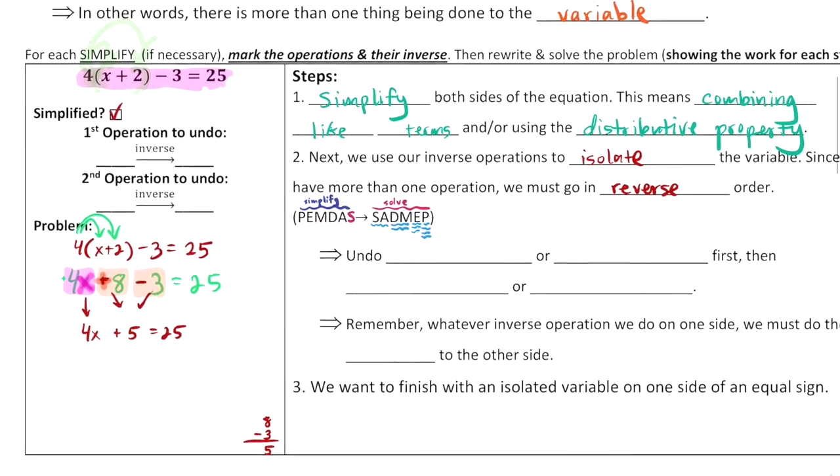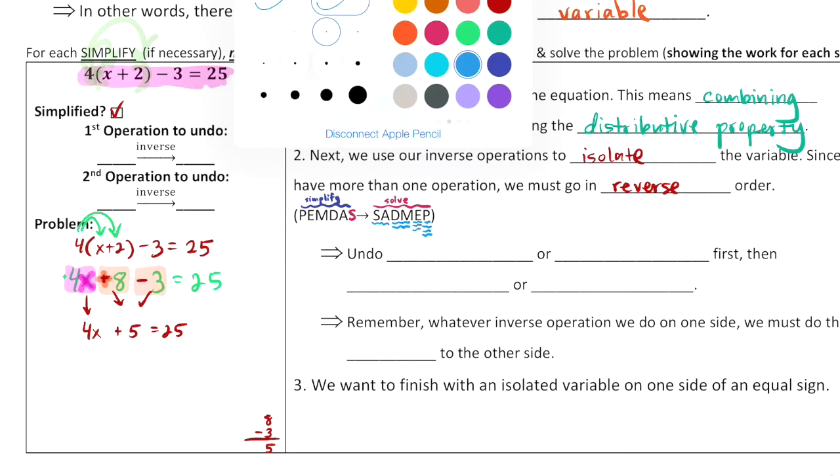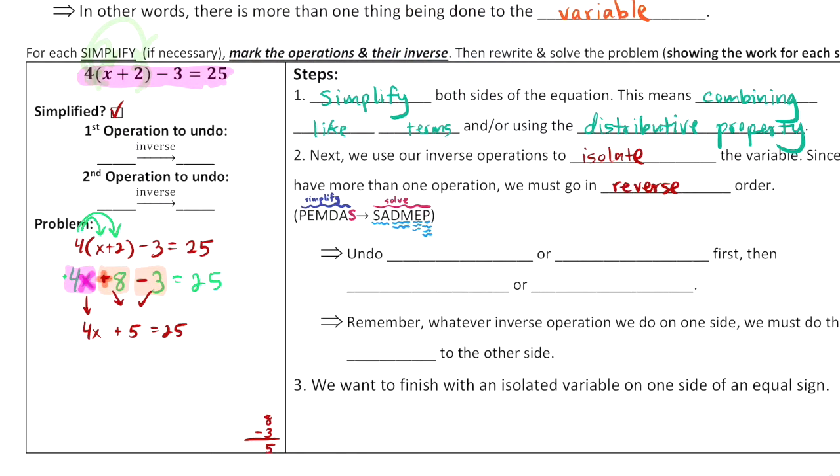So to undo addition or subtraction, we want to undo anything that involves addition or subtraction first, and that's kind of like we underline this one here.